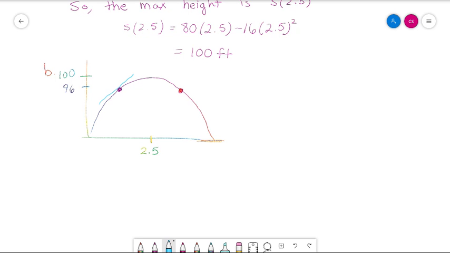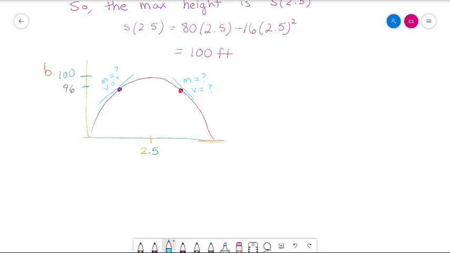So it's the slope of the tangent line. If we want to know the velocity, we want to figure out those slopes. And that will give us your velocity, because that's what velocity is. It's the rate of change or the derivative of your position function.